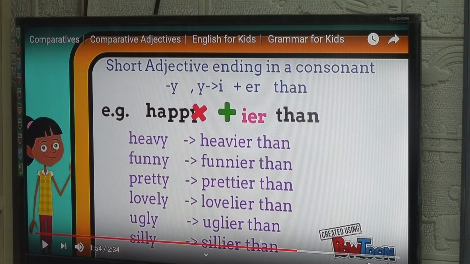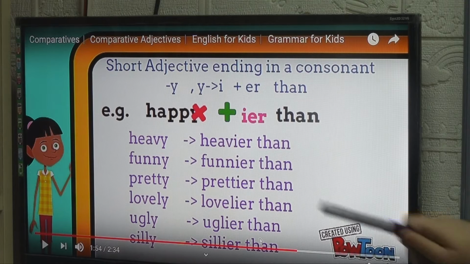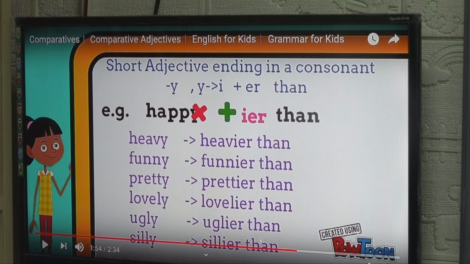Just like happy. How many of you said there are two syllables? Two, right? So it ends with Y, so that's why we cross out the Y and then we add IER, I'm sorry.